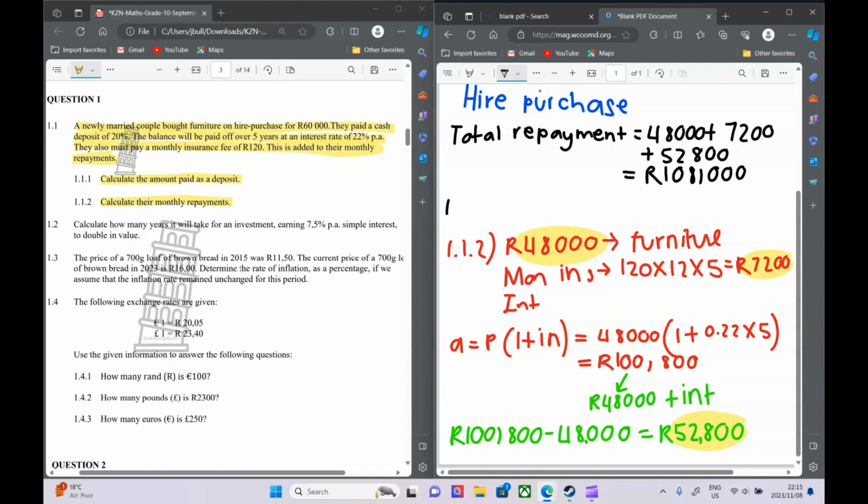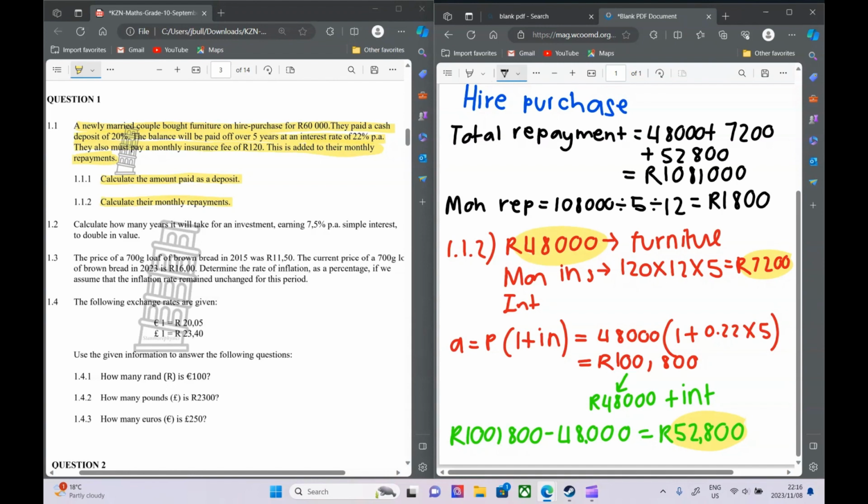So one monthly repayment is going to be the 108,000 divided by 5 years and divided by 12 months. So every month they are going to be paying 1,800 Rand.